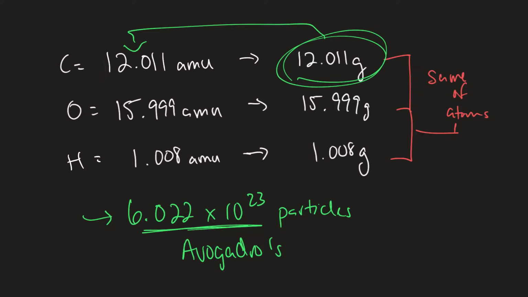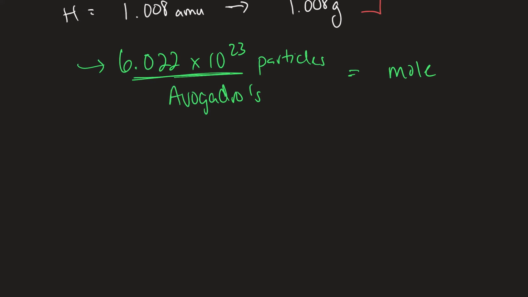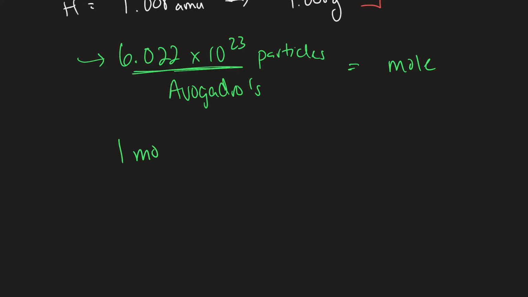This number, we simply call it a mole. So when we say we have 1 mole of a substance, we're saying that we have 6.022 times 10 to the 23rd of that particular substance.